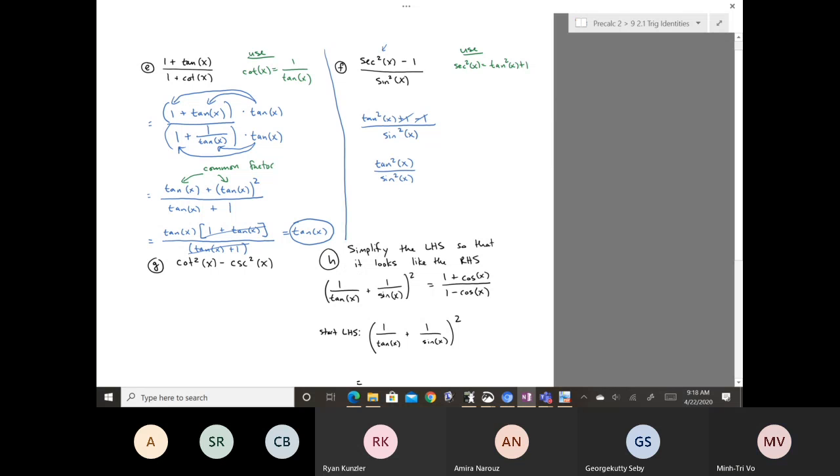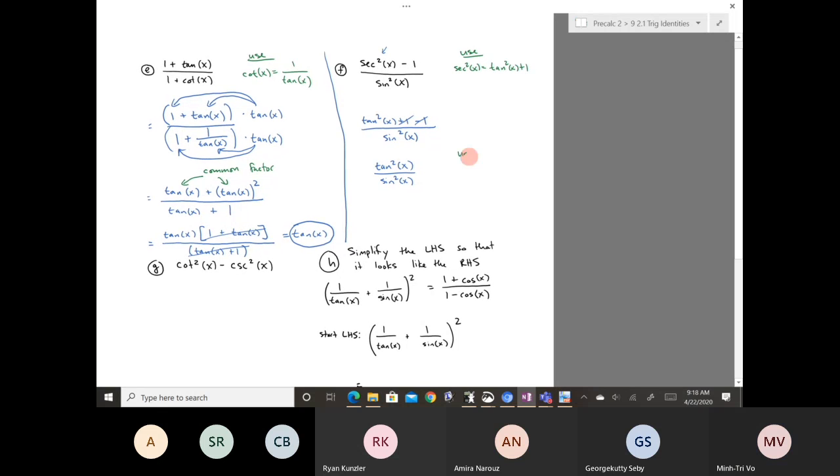And then now I still have two trig functions, right? So tangent and sine. So how can I relate tangent and sine? Well, tangent is sine over cosine, right? But it's tangent squared, so you can just square everything, right? So tangent squared is sine squared over cosine squared.